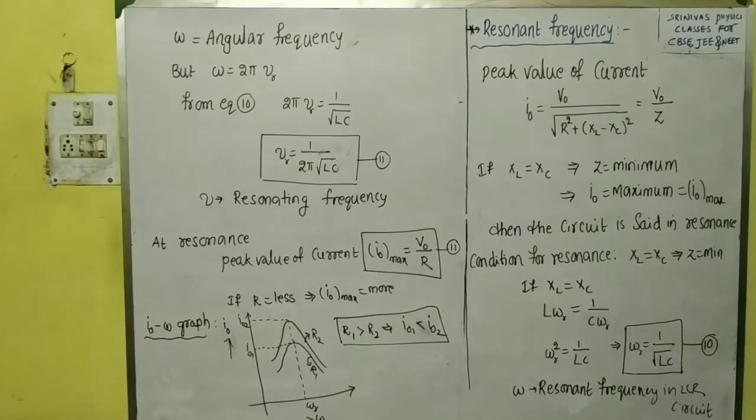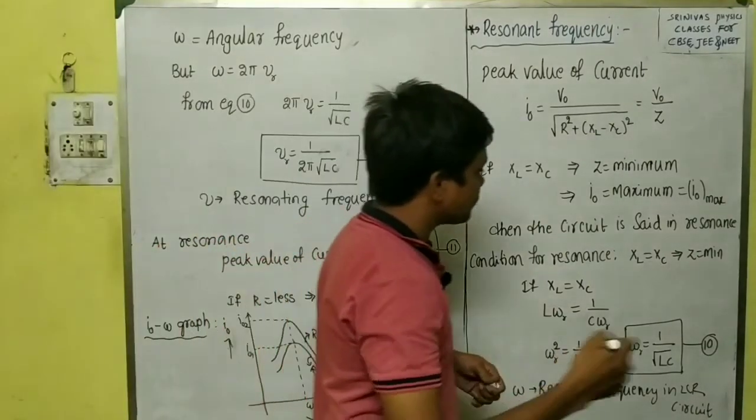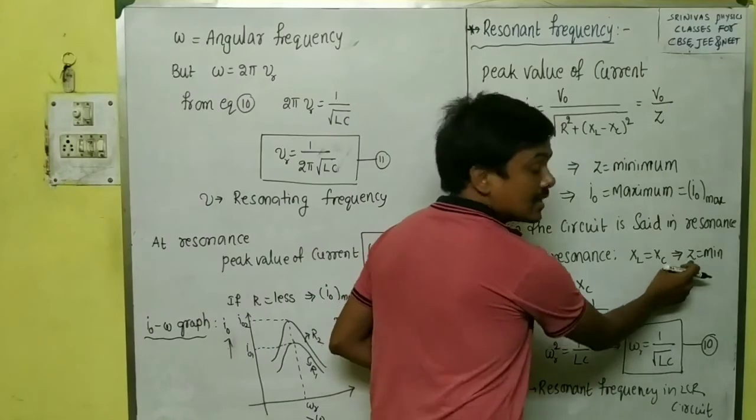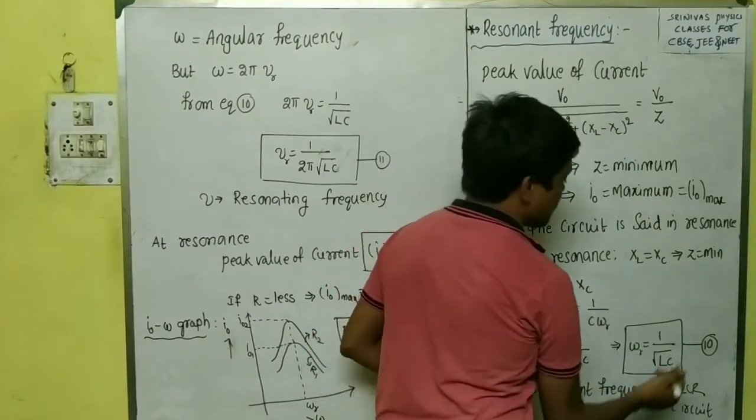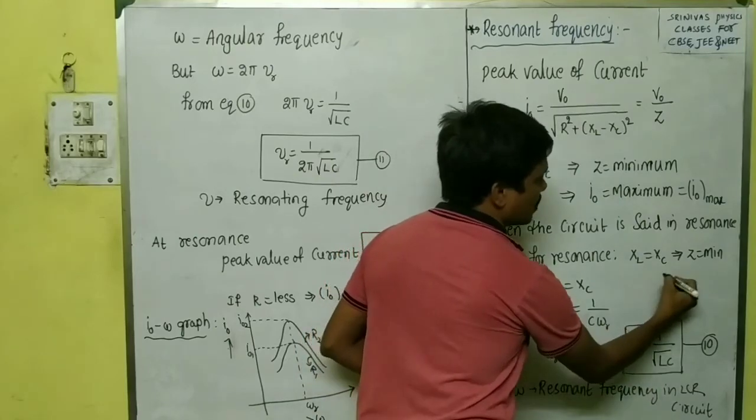One point here is missing. When XL is equal to XC, Z is equal to minimum. XL is equal to XC, this value becomes minimum. Then what is the impedance at resonance?